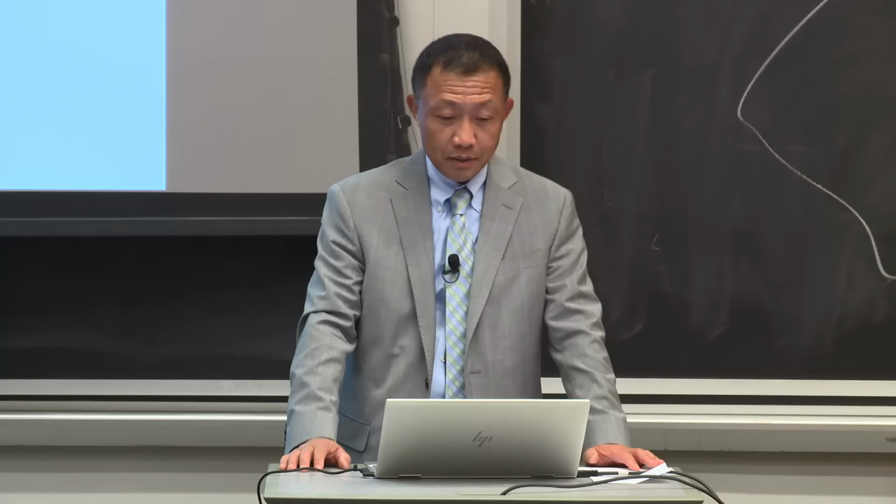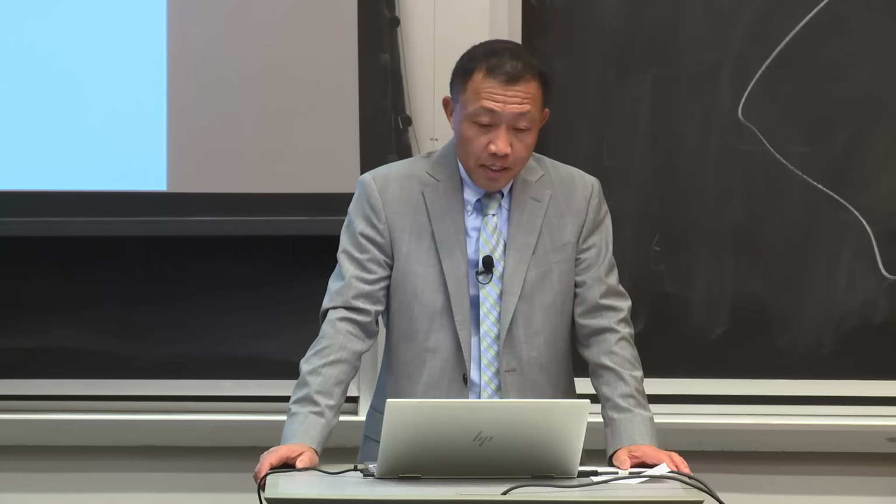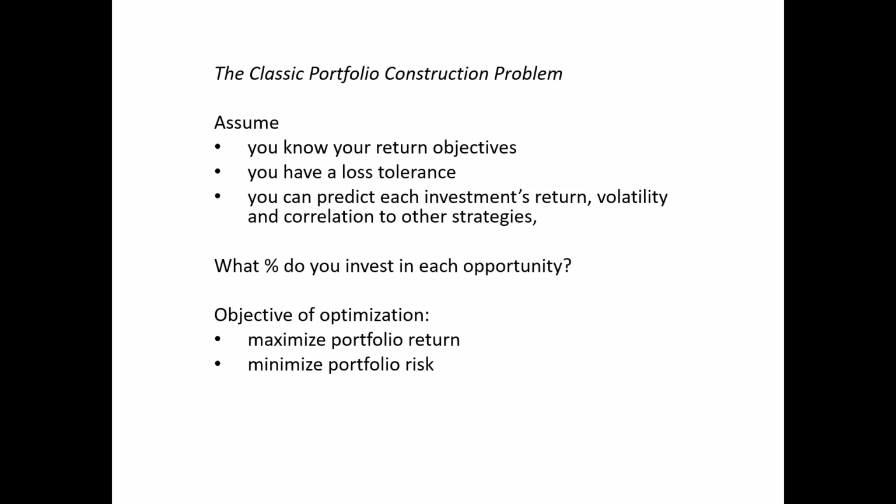So now I'm going to shift gear a little bit to talk about the portfolio construction problem. So shifting towards the math part of the discussion a little bit. The classic portfolio construction problem is stated as such.